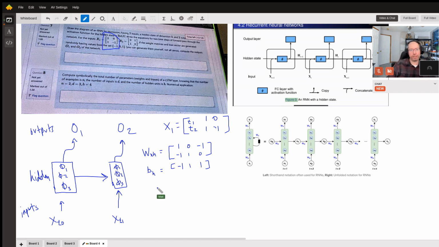They don't really say, compute the outputs O1 and O2 of the network.